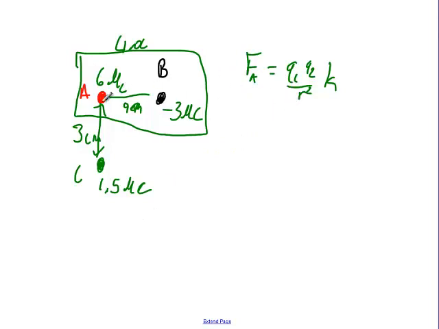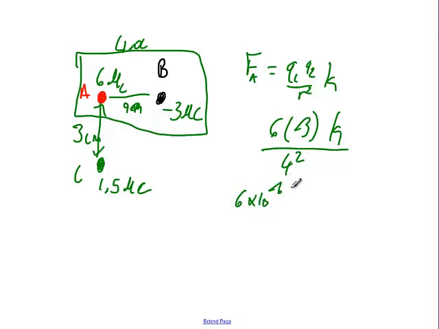Well, if I want the force on A from B, then Q1 and Q2 are 6 and -3. These are in microcoulombs though, so I'm going to have to deal with that, times K over 4 squared, but that's in centimeters, so I'm going to have to deal with that too. The way I deal with these things, I'm going to just go 6 times 10 to the -6th.